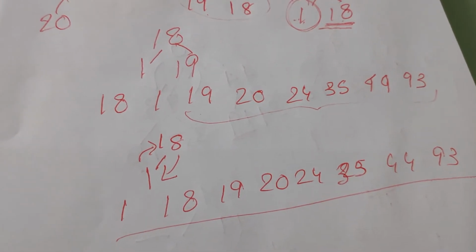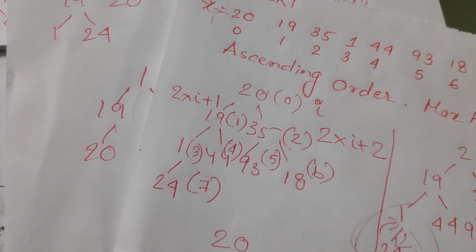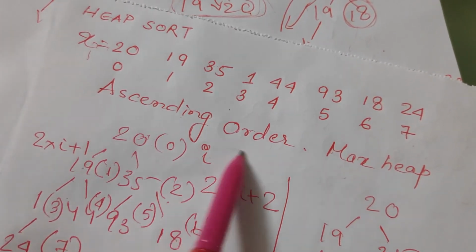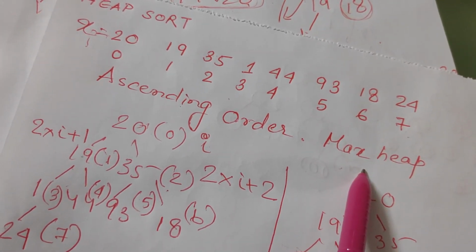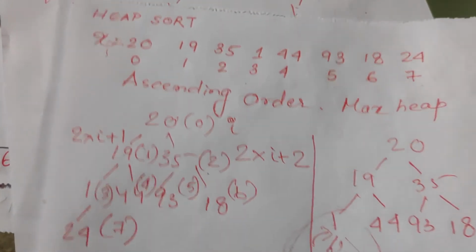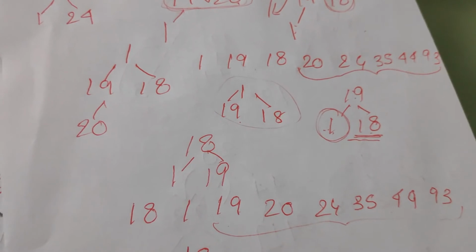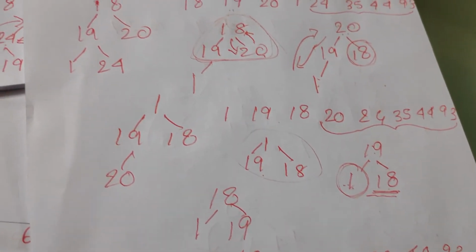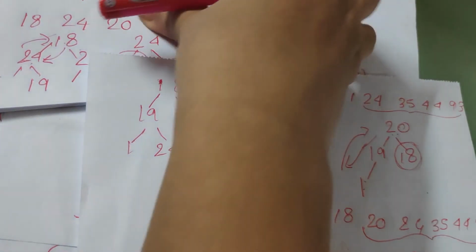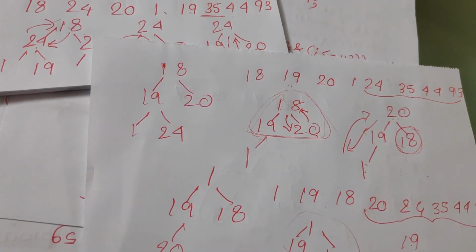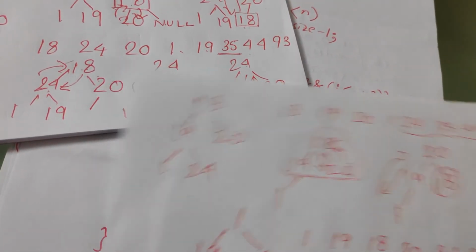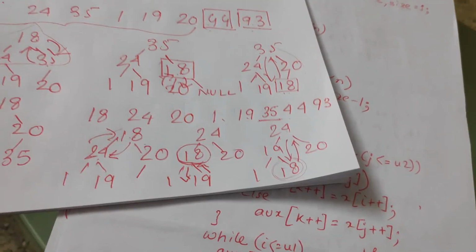So let me go back from where we started. When we are sorting an array in ascending order, we use a max heap, right? Now we had started off by creating the max heap from the end. We started to create the max heap from the last of the array.